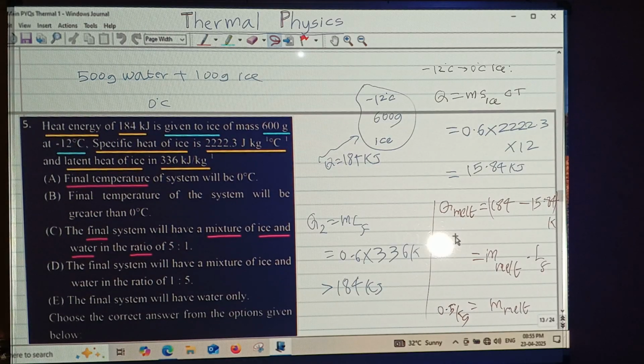So statement A, we say the final temperature of the system will be 0, it's true, and B is false. Final mixture is ice and water in the ratio, ice is less, water is more. So the mass ratio is 1:5. So option D is true. So A and D are the correct statements.